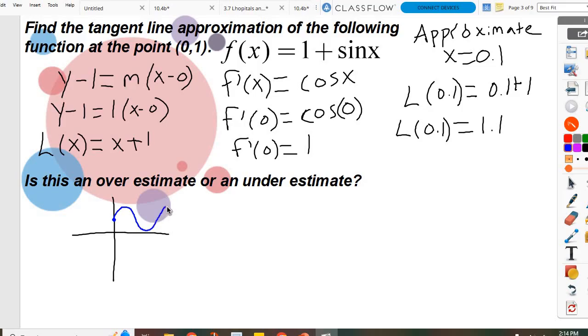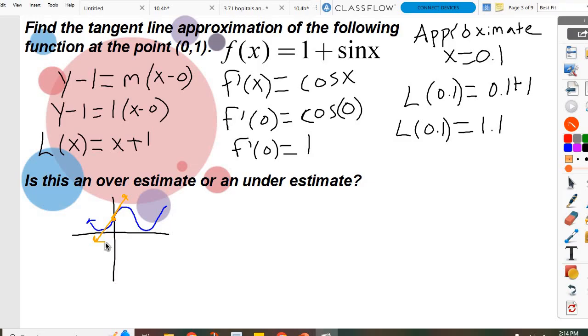So do we all agree that it would look something like that? Yes? No, maybe. Okay. And let's say we are using the point at (0, 1) as our approximation line, yes? So that's going to touch here and go up.